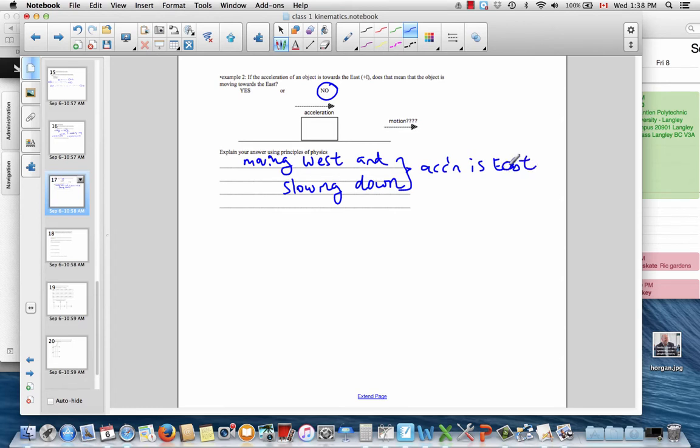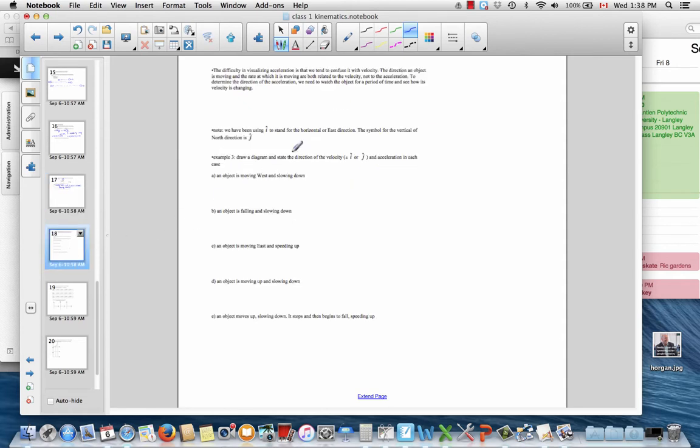So the direction it's accelerating isn't the direction it's moving. It's the direction of the velocity change. Or, more simply put, the direction of the acceleration is the direction of the push. So we need to see how the velocity is changing in order to see which way it's being pushed.